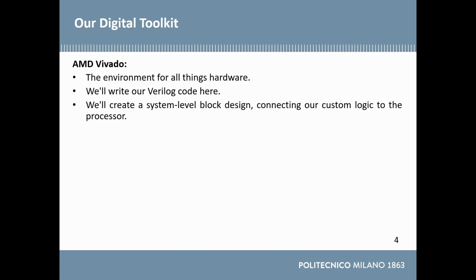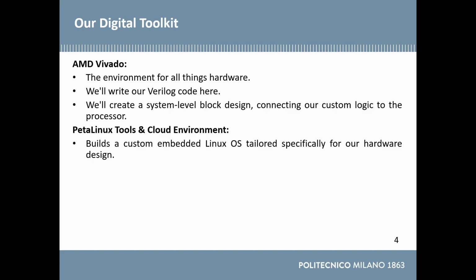Next, and this is a big one, is the PetaLinux Tools. Building a custom Linux distribution from scratch is an incredibly complex task that could take months. PetaLinux automates this entire workflow. We feed it our hardware design from Vivado and it builds everything we need: the bootloader, the Linux kernel, and a complete root file system, all perfectly configured for our specific hardware.